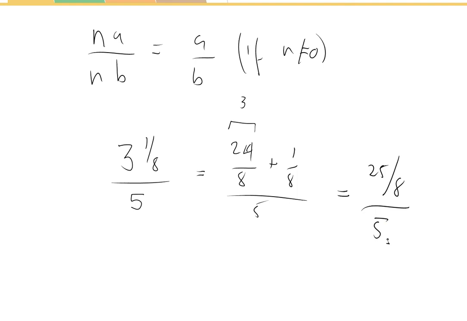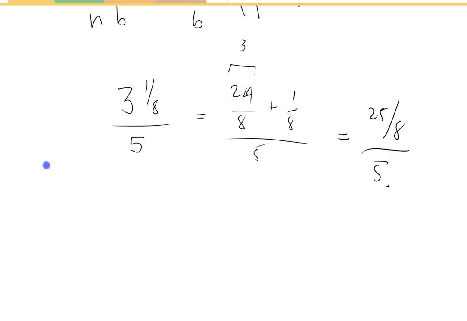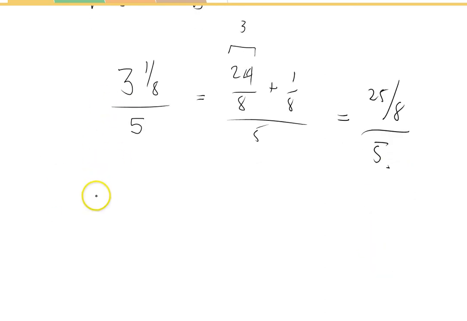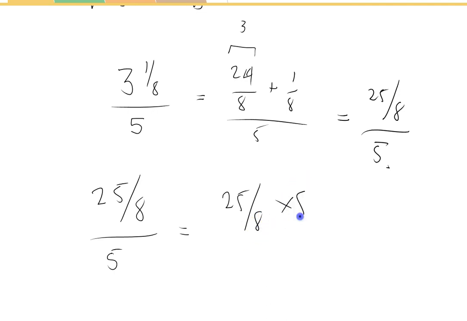Well, it doesn't really look like we made very much progress there, because we had 3 1/8 divided by 5, and now we've got 25/8 divided by 5, which is not that easy. But let me show you something. 25/8 over 5 equals 25/8 times 8 over 5 times 8.